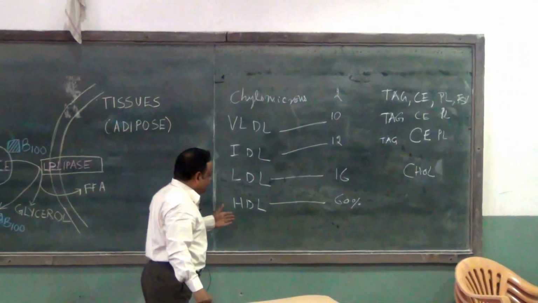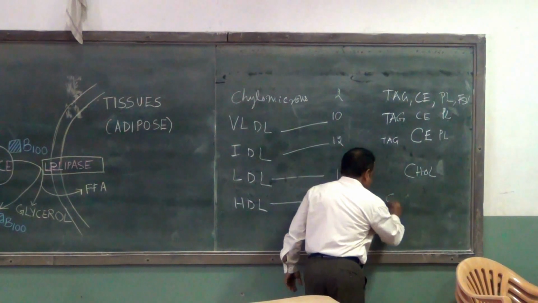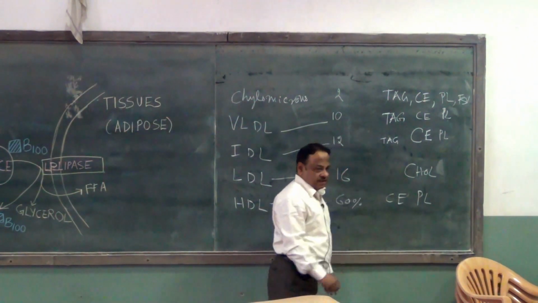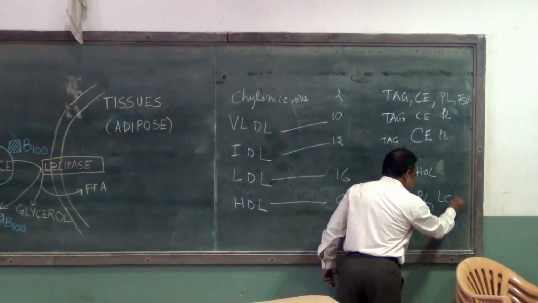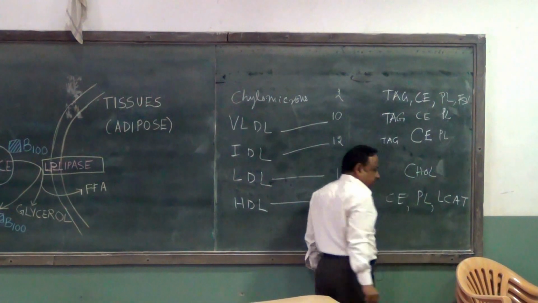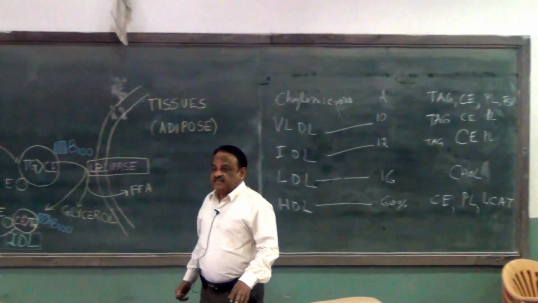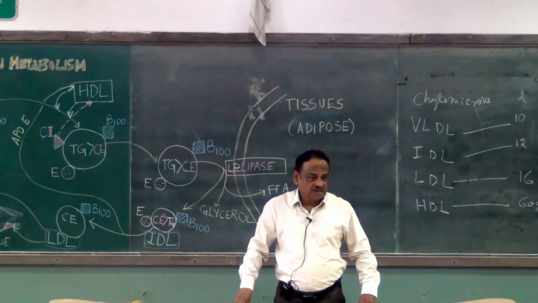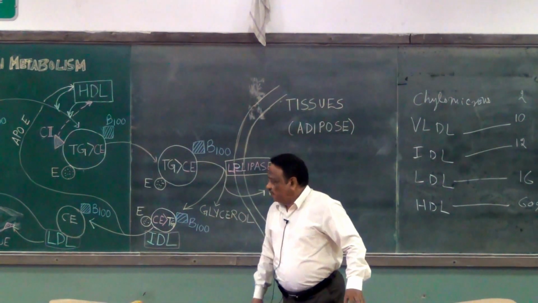And HDL, if you consider, there is cholesterol ester present, phospholipids are there, and there is one enzyme known as LCAT, that is lecithin cholesterol acyl transferase. So that is the composition.